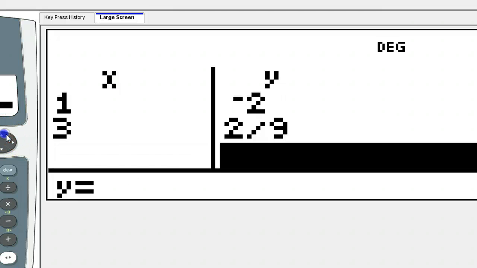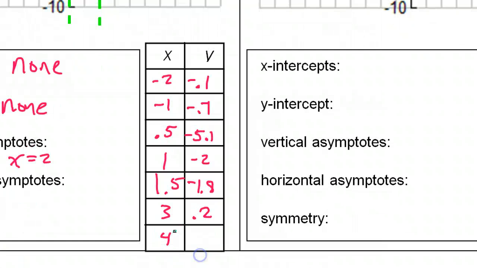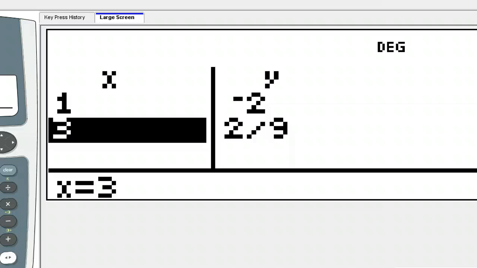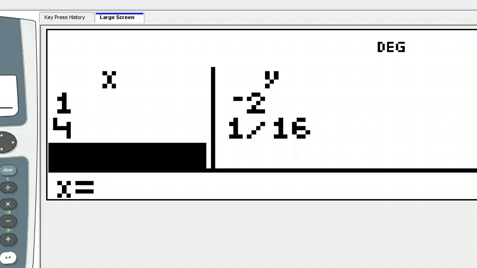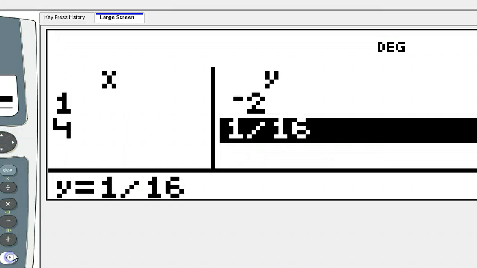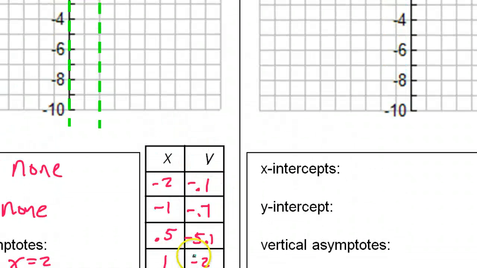Okay, and last but not least, 4. That is 0.1. I'm rounding, obviously. Okay, so I'm just going to plot these points and see what we got.